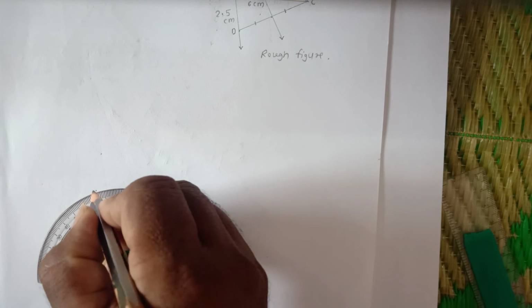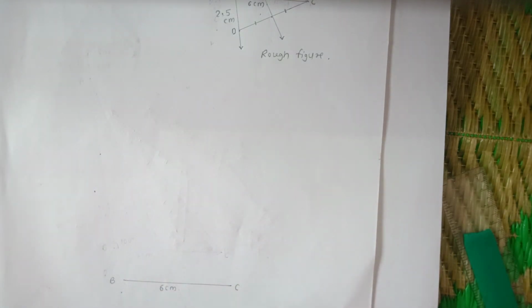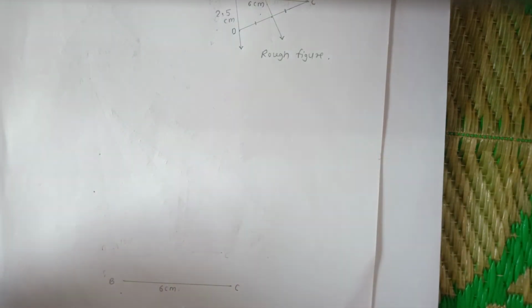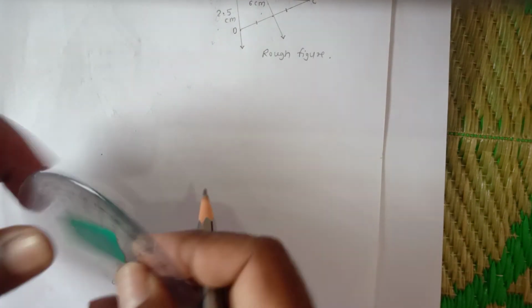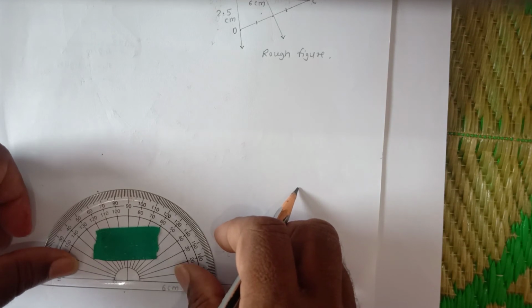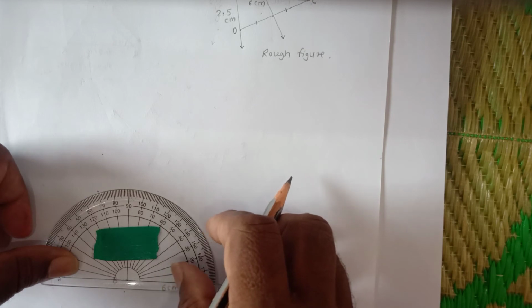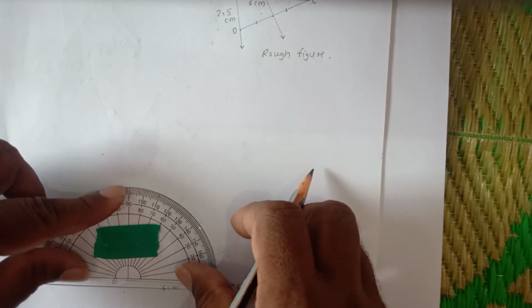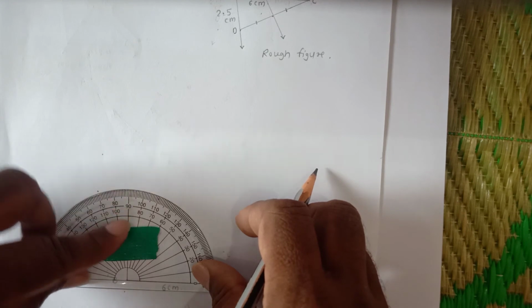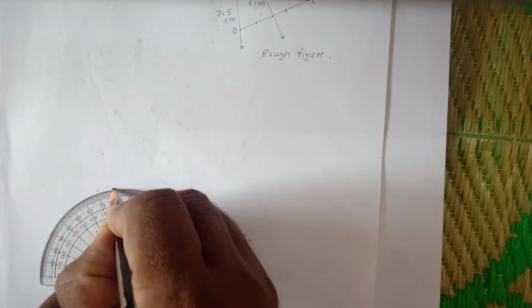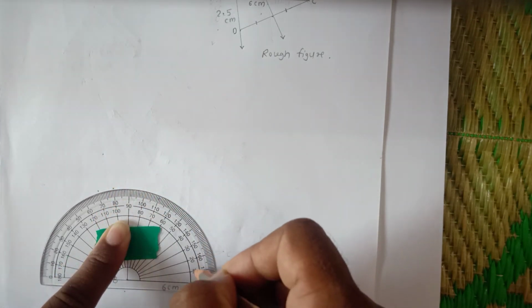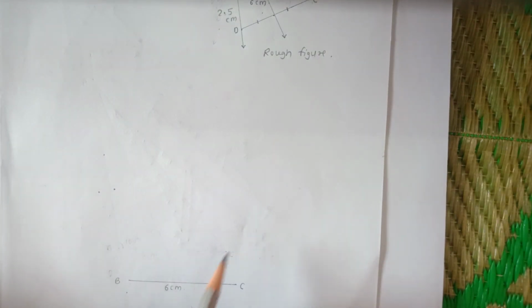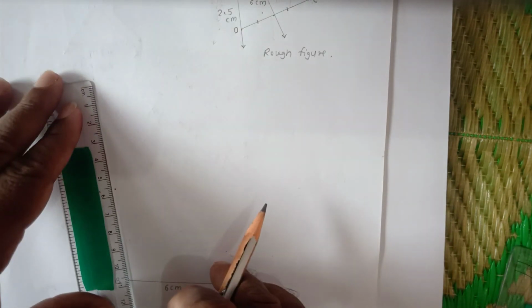This is the angle of 100 degrees. Now let's see, here will be 100 degrees. Join these points.